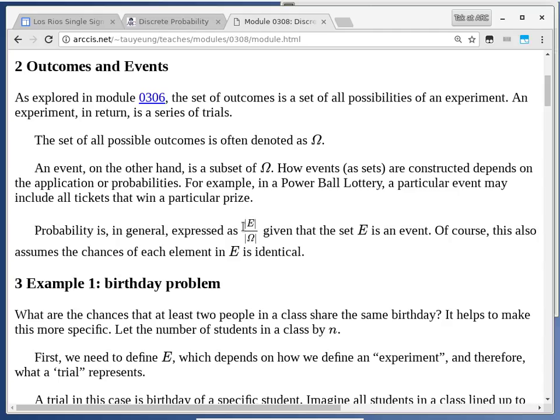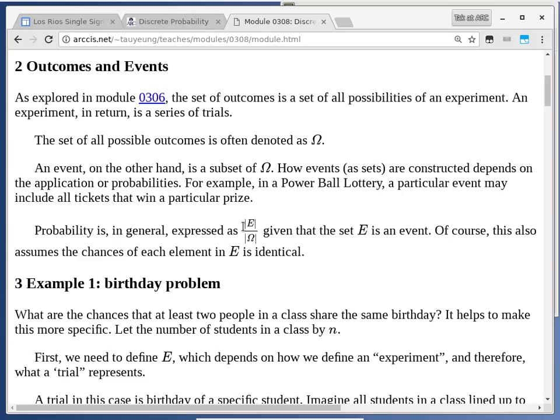So now the question is, what is E? What is the event that we are interested in? E can be anything that is a subset of omega. That's the bottom line. The event that we are interested in is by itself a set of outcomes, the outcomes that we are interested in. By dividing the cardinality of E by the cardinality of omega, we know the probability of the events that we are interested in.